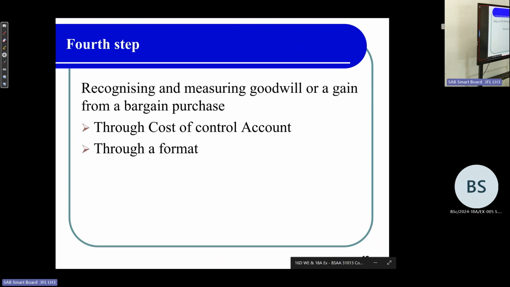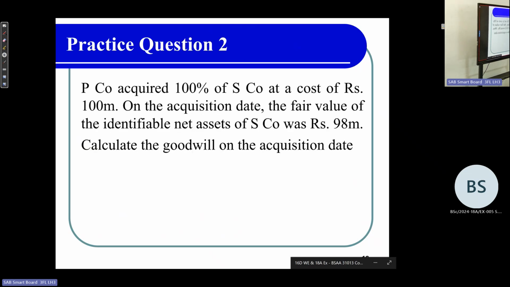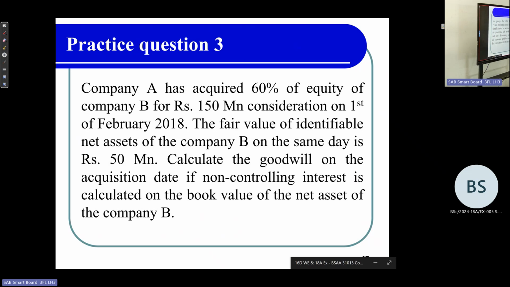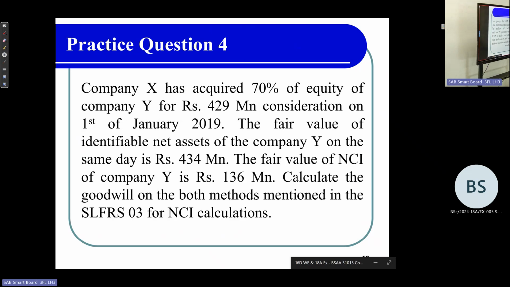Goodwill or bargain purchase, we can calculate through an account or through a format. We did practice question 2 as well, right? Yes. Question number 4. Clear?